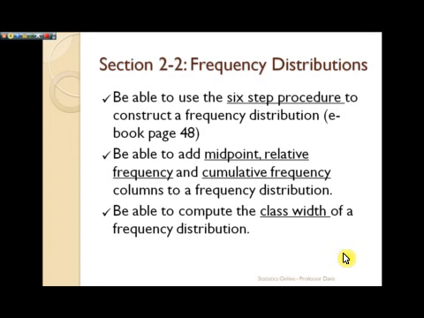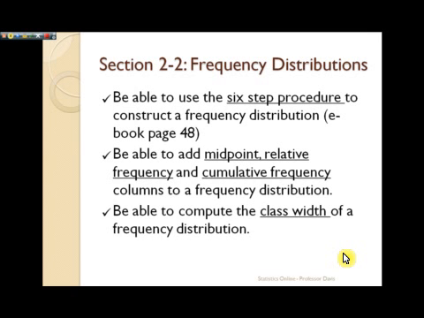And then the cumulative frequency, that's the frequency of a class plus the frequencies of the classes that come before it. So we want to be able to add those 3 columns, the midpoints, the relative frequency, and the cumulative frequency. We'll use all of those when we get to section 2.4 on other types of graphs.